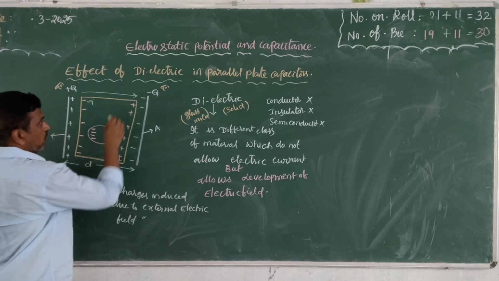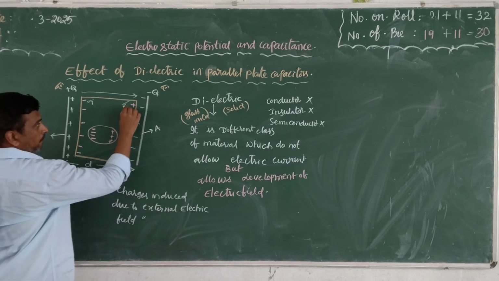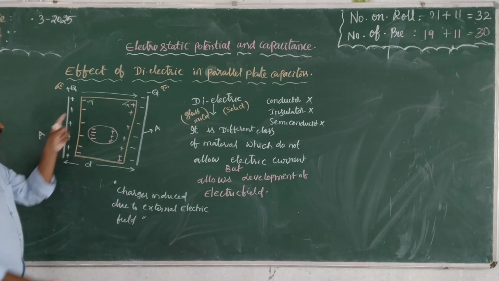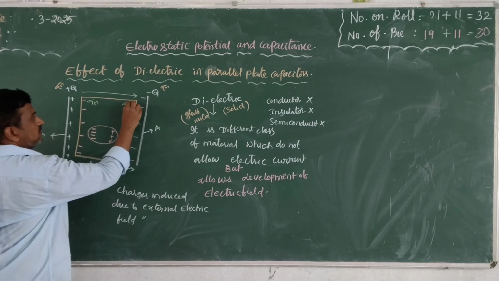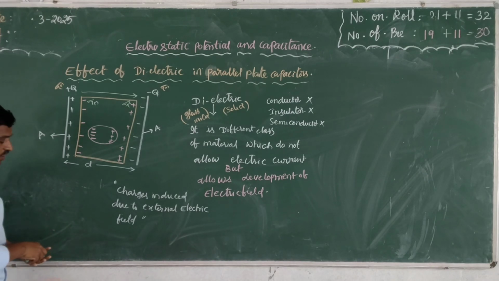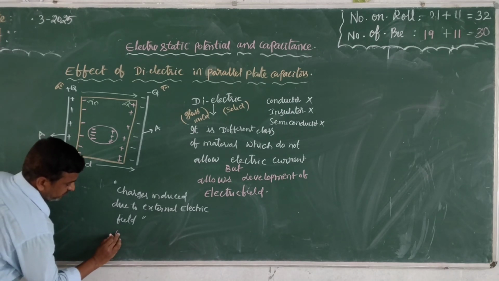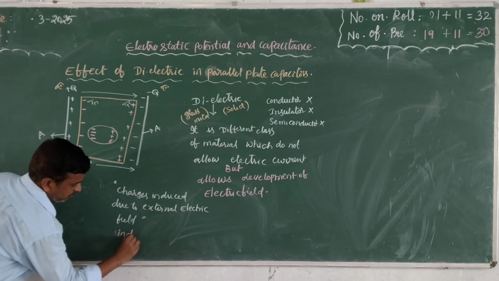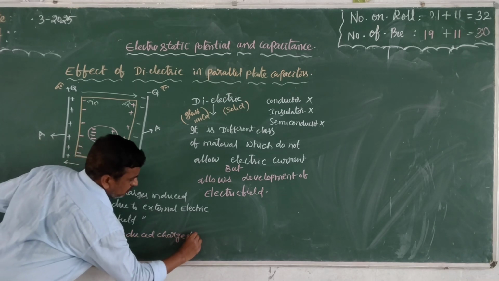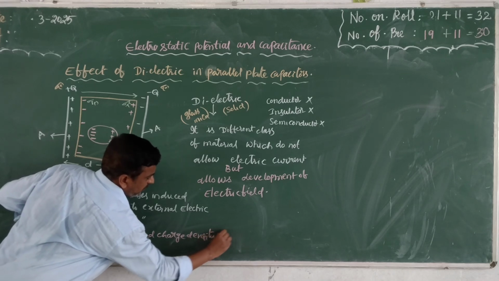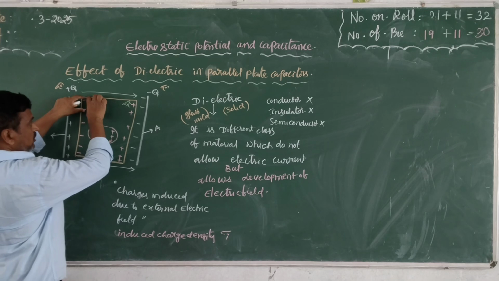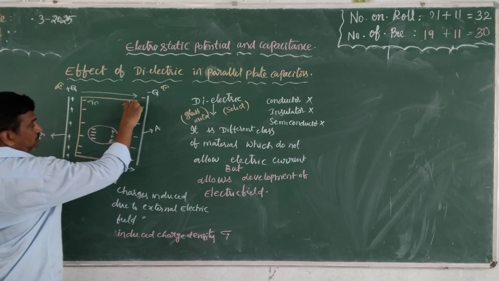The induced surface charge density is sigma plus sigma I, minus sigma I. We write the induced charge density as sigma I. Here there is induced charge density minus and induced charge density plus.